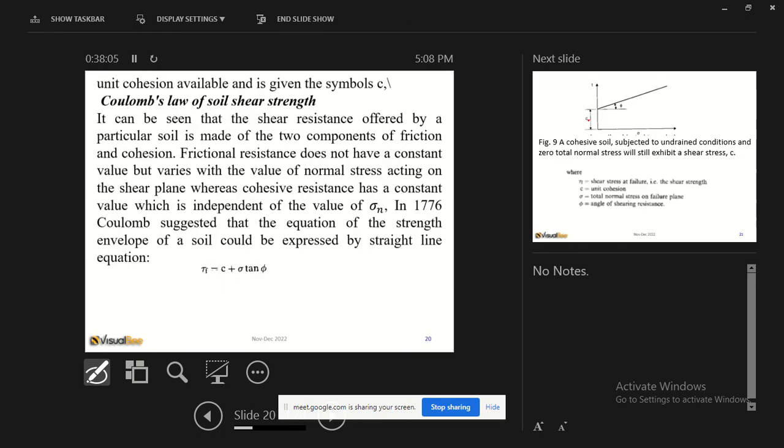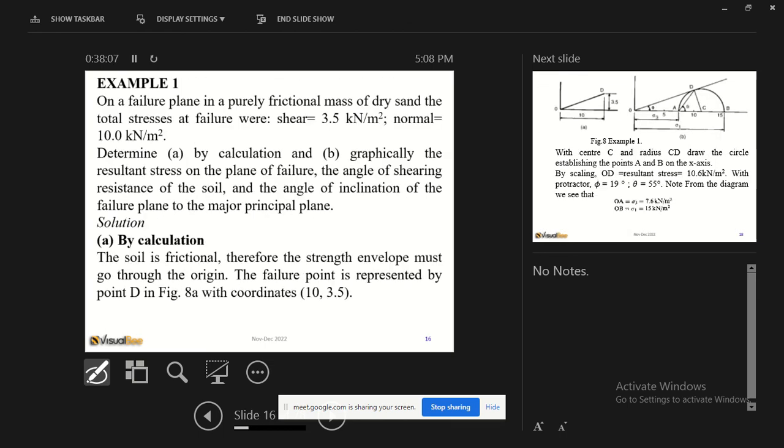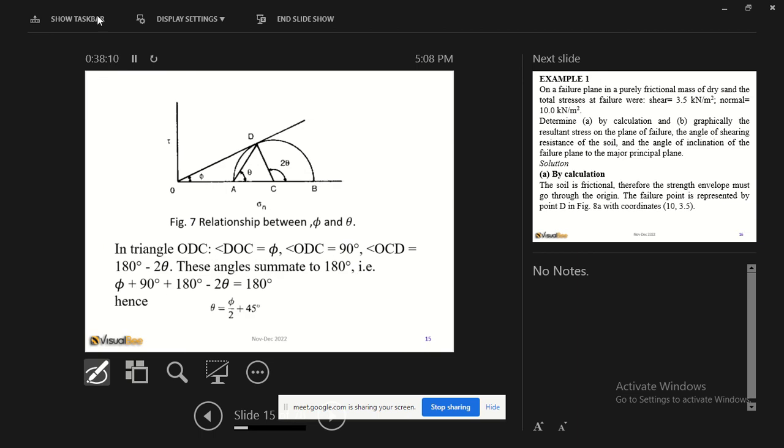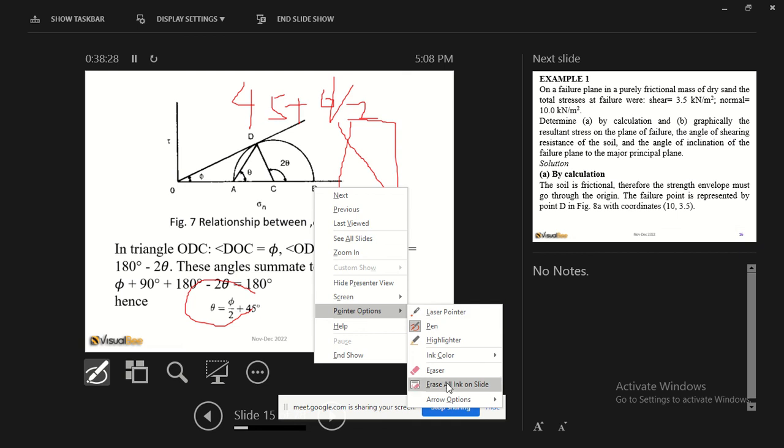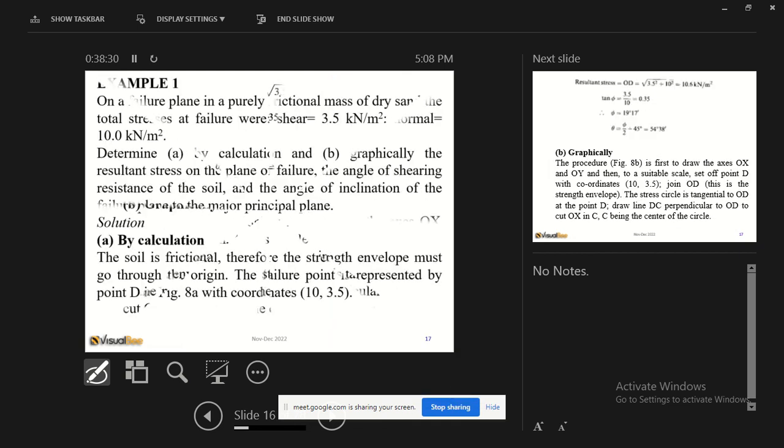The phi here has something to do with it. Now that we have reached there, these samples tend to fail at an angle related to 45 plus phi over 2. This is what has been observed, and now you can see why that relationship was important.